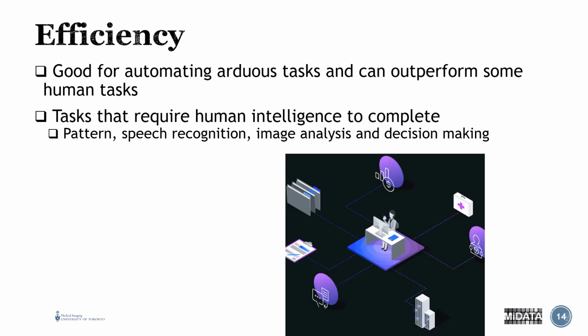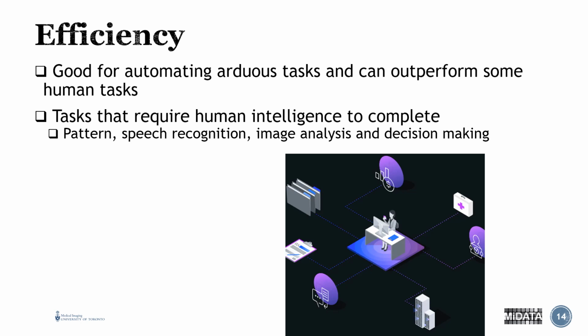Efficiency, of course, is an important characteristic of AI/ML solutions. As we discussed in the first part, it is due to the immense compute capacity that is now available to these algorithms due to technological advances. Of course, efficiency is great for automating boring, tedious, arduous tasks, and inevitably, computers can outperform many human tasks.